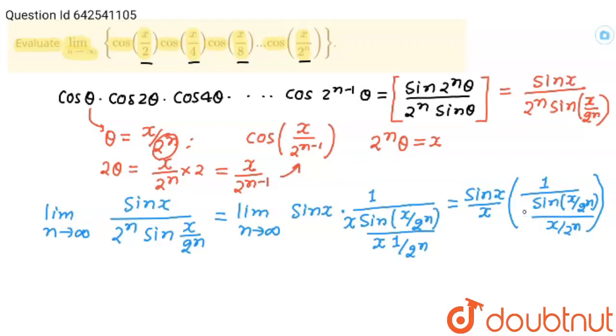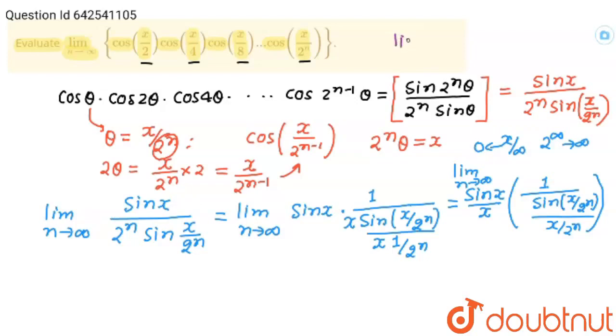Okay, now I'm going to put limit n tends to infinity. What will happen? See, 2 to the power infinity will tend to infinity, and x upon infinity will tend to 0. So x upon 2^n tends to 0, sin 0 upon 0, and if both are the same term, then the formula gives 1.